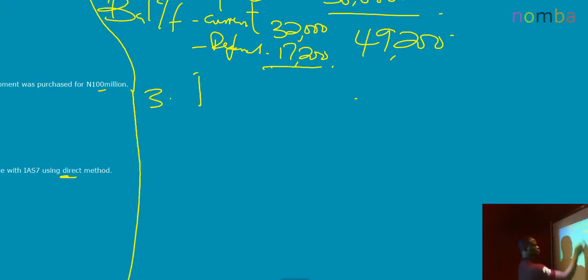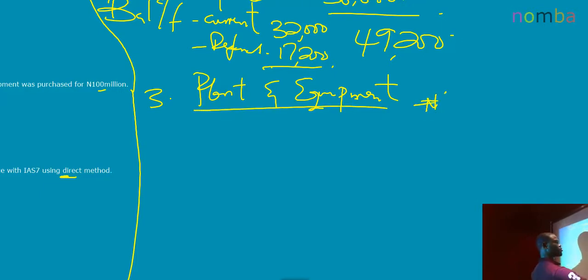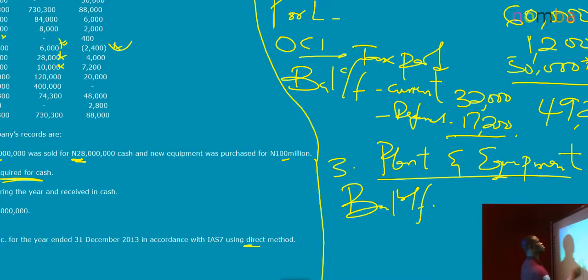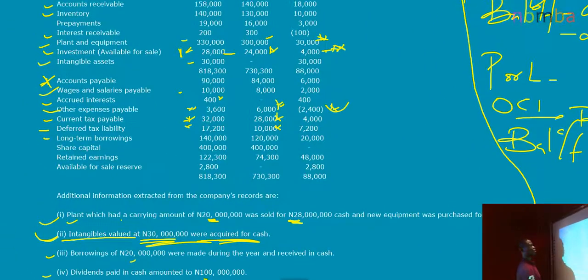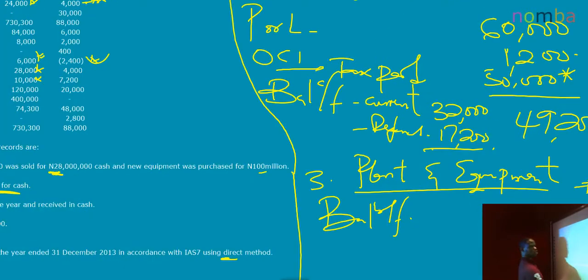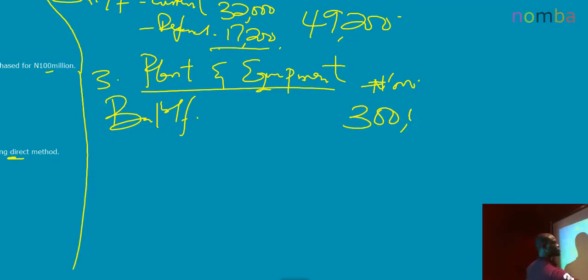So, plant and equipment. And this plant at the beginning of the period, we have it there as 300,000. And what will make your plant to increase is if there is an acquisition of plant.